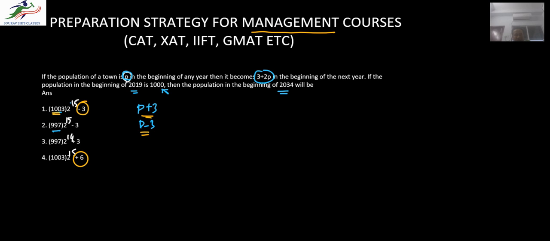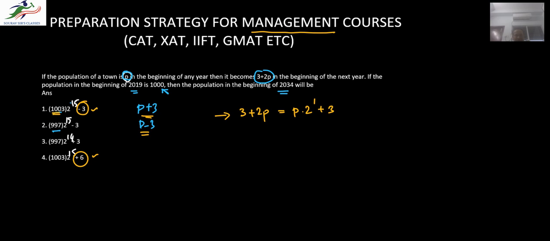And along with that, we also have to get the value of the constant term. So that gives us the hint, and all we have to do is look at this number 3 plus 2P, which is the value of the population P at the end of the first year. Now we can write this as P into 2 to the power 1 plus 3.